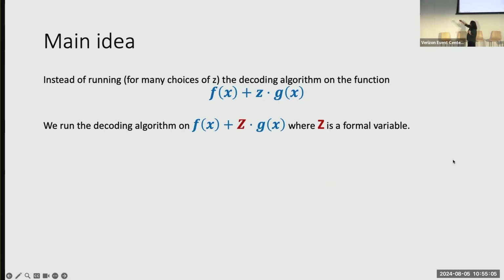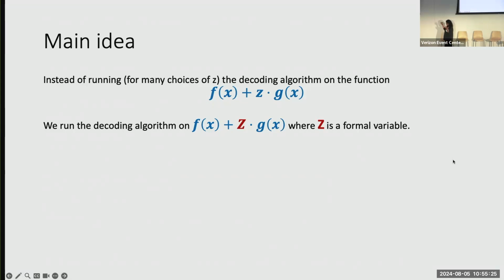We know that for many choices of little z, f of x plus z times g of x is close to a Reed-Solomon code, and hence if we run the Guruswamy-Sudan decoding algorithm on it, the algorithm will succeed in finding a nearby code word. We want to run this. We know this is true for many z's.